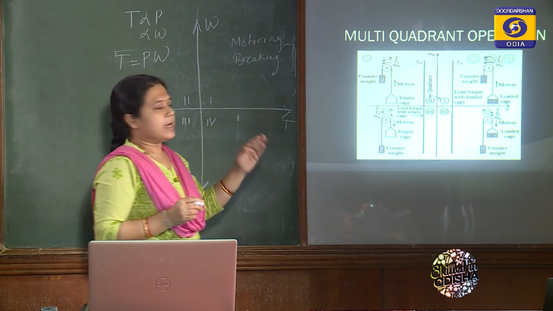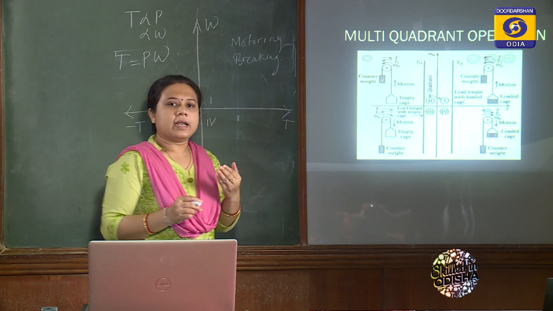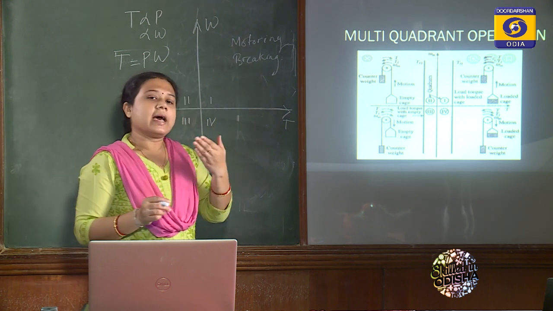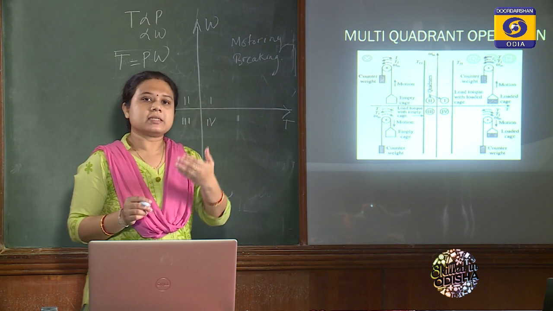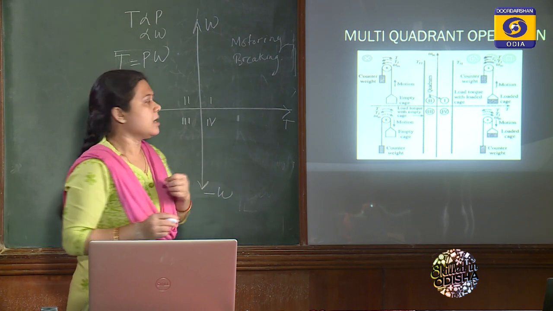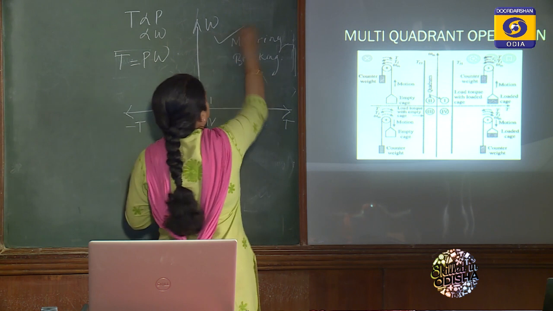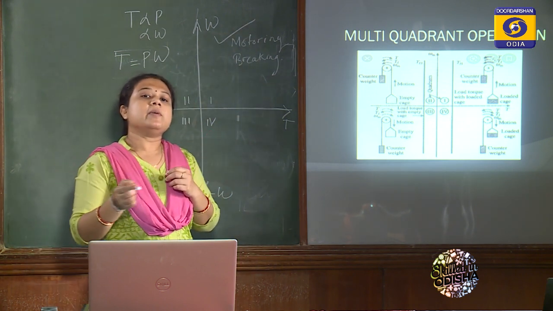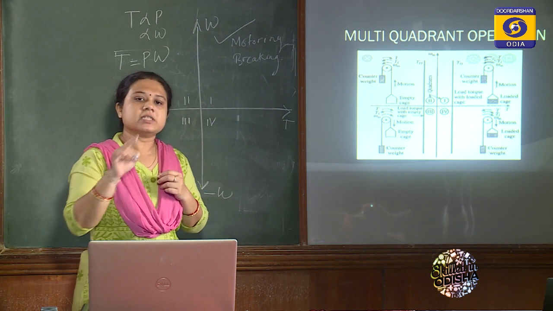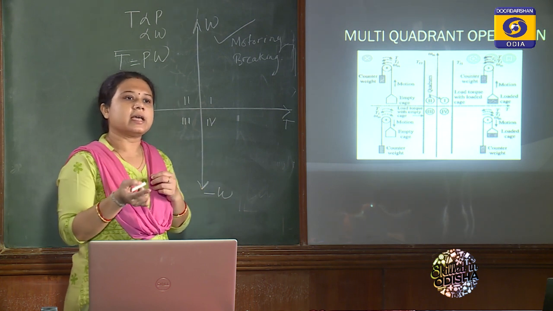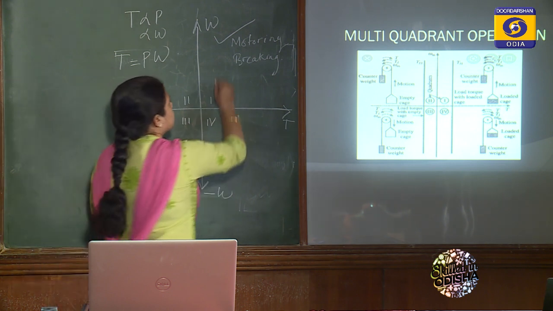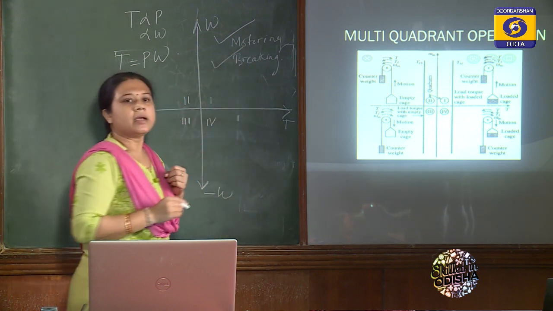When the electrical energy is converted into mechanical energy, and the direction is the same as the direction of the motion, that is known as our motoring mode. If the mechanical energy is converted to electrical energy, meaning the reverse direction, and in that case the direction opposes the motion, that is known as our braking mode.